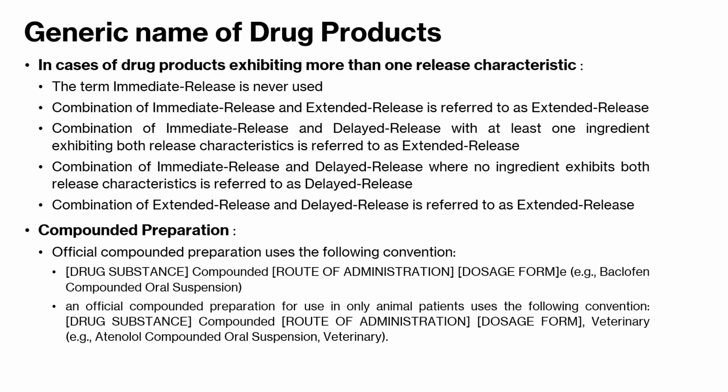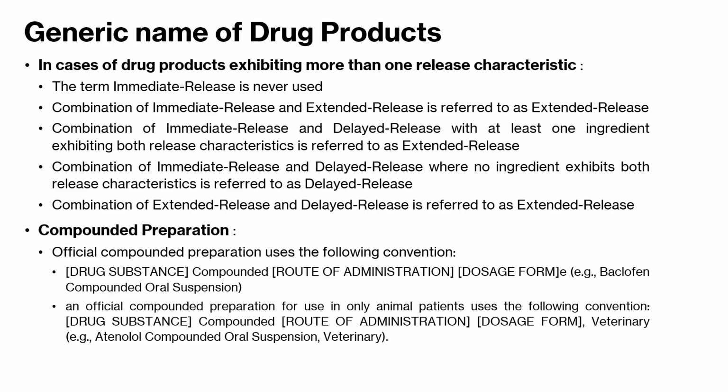In case of a drug product exhibiting more than one release characteristic, the term immediate release tablet is never used. A combination of immediate release and extended release is referred to as extended release.